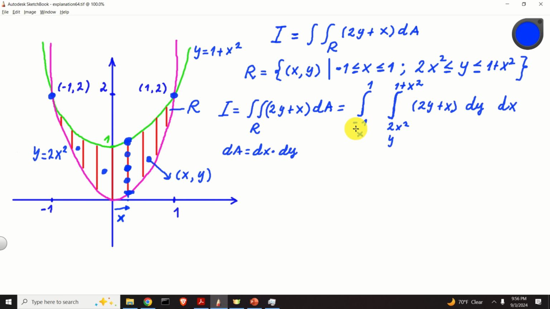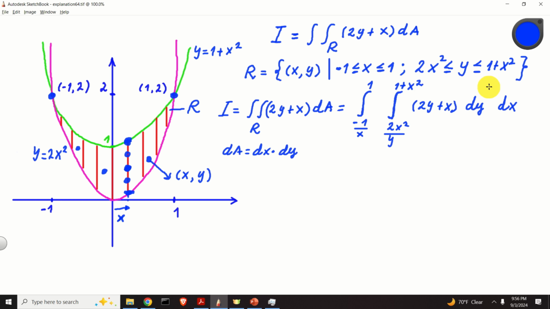To avoid confusion, I'm just going to use bars to denote that this integral is the y integral, that is the integration with respect to y, and this integral is integration with respect to x. Now listen carefully. In this inner integral, x is considered as a constant. That is, over here we assume that x is fixed. We are going to integrate later on with respect to x in this outer integral. Also in these bounds, over here and over here, x is considered to be fixed.